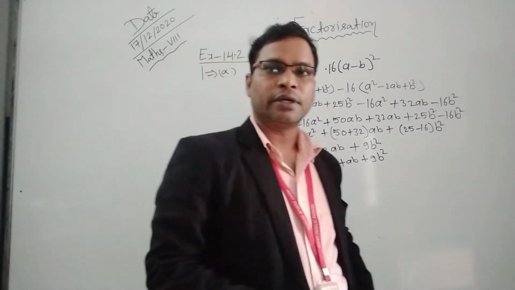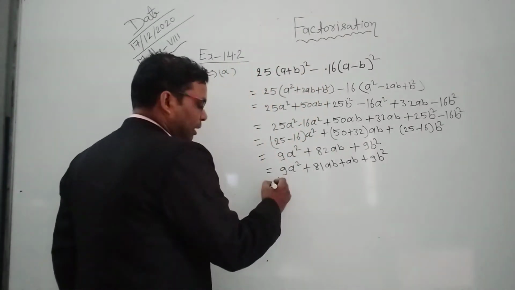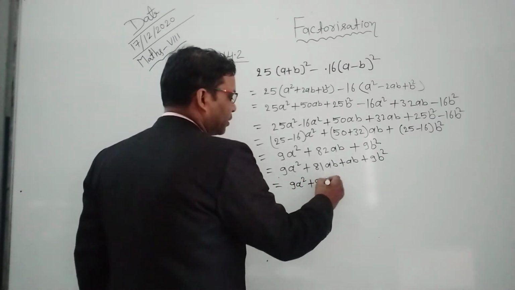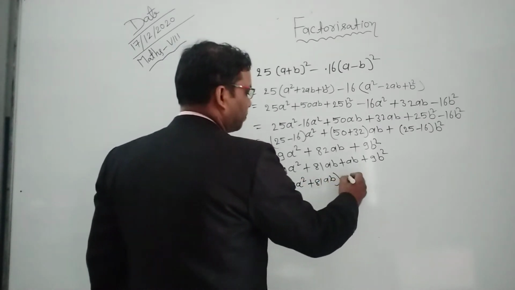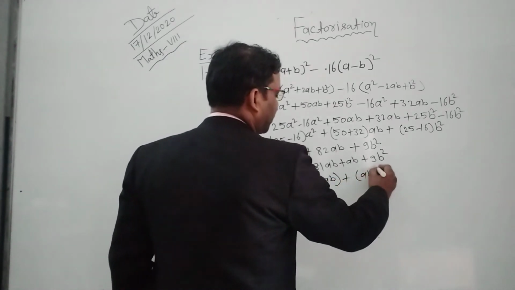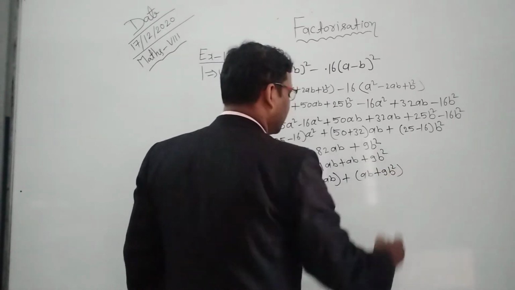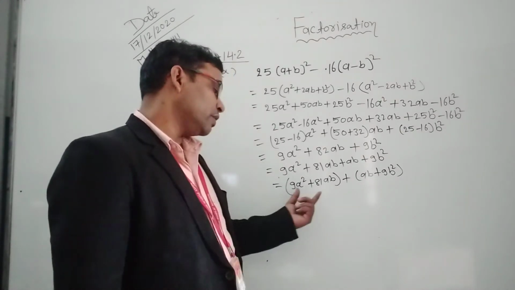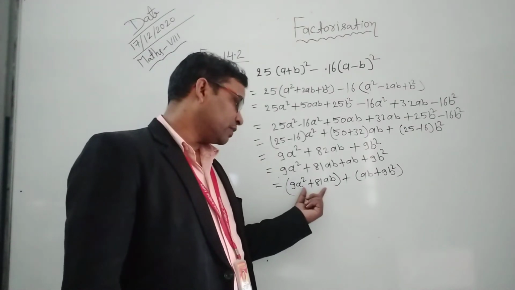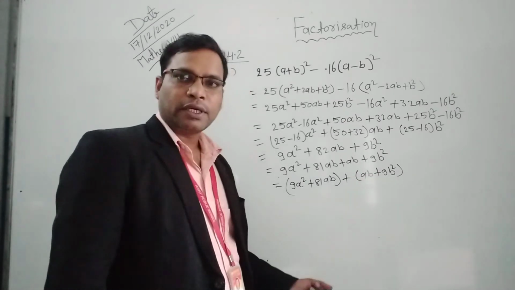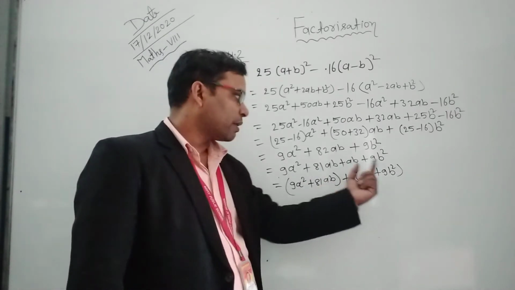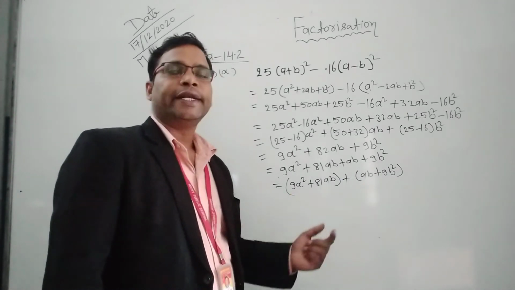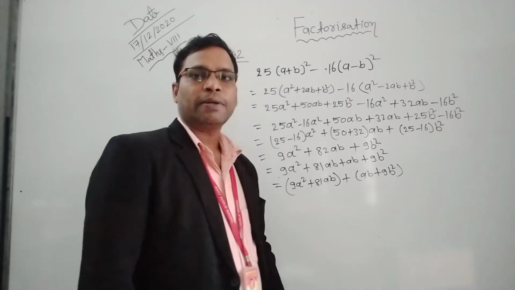This is clear. Now after this we are putting 9 A square plus 81 AB, this is the first group, plus AB plus 9 B square, this is the second group. Now we can take common in the first group and in the second group. To find what is common, we take the first and second terms in the first group and express each as a product of irreducible factors.